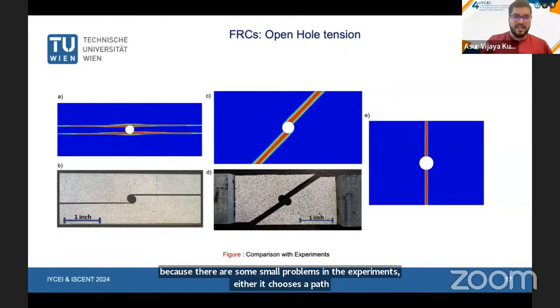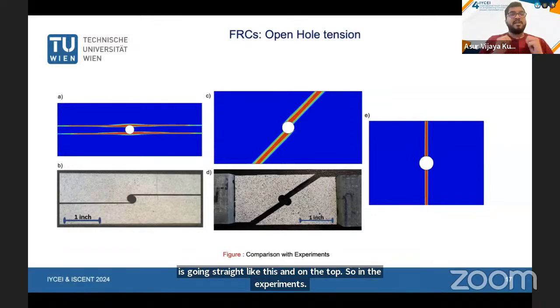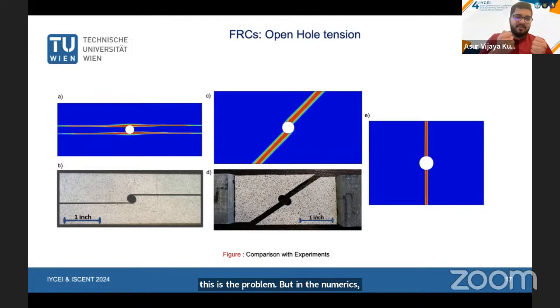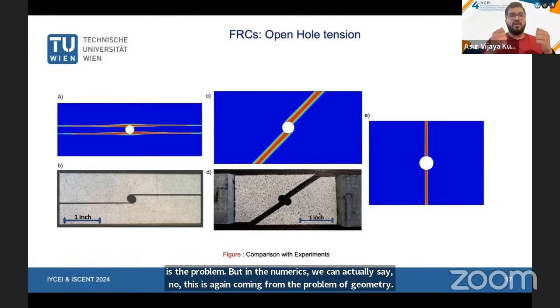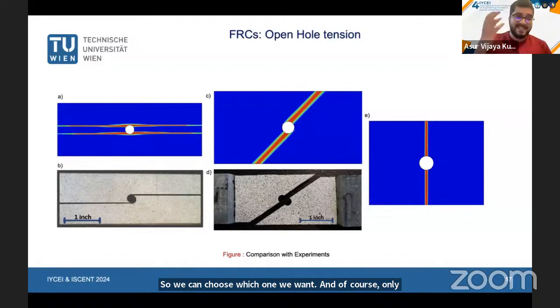So it is also possible to have a crack which is going straight like this and on the top. So in the experiments, this is the problem. But in the numerics, we can actually say, no, this is again coming from the problem of geometry. So we can choose which one we want. And of course, only one of them happens, but we can simulate both of them. We can simulate all the scenarios where the fracture can happen.